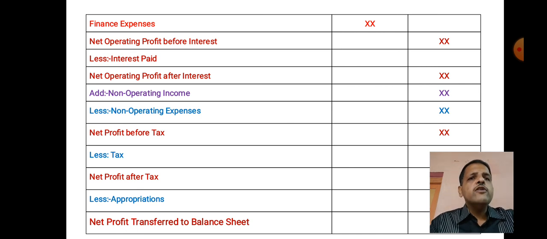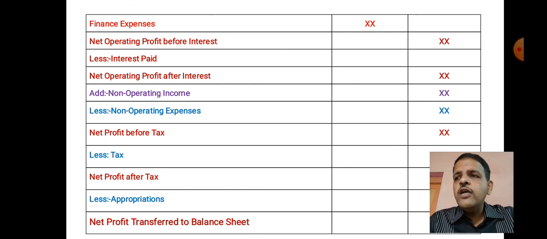We have to deduct non-operating expenses from this net operating profit after interest. Now, what is meant by non-operating expense? These are the expenses which do not relate to our day-to-day conduct of business or whatever operating activities we are carrying out. With that, these expenses have no relation.